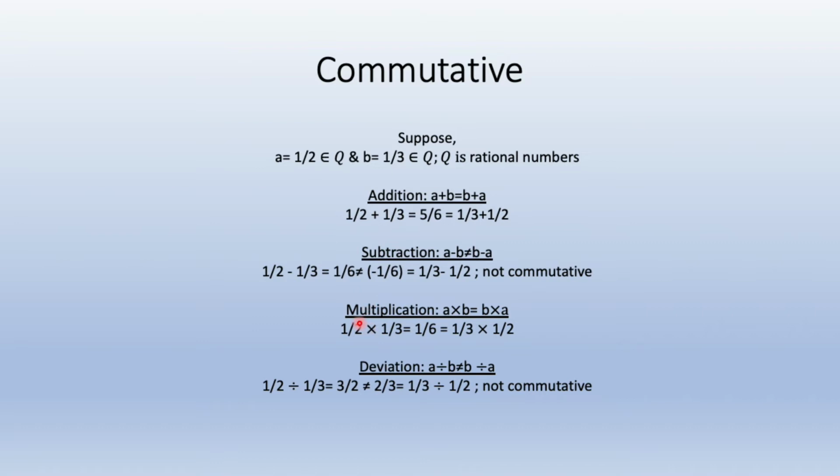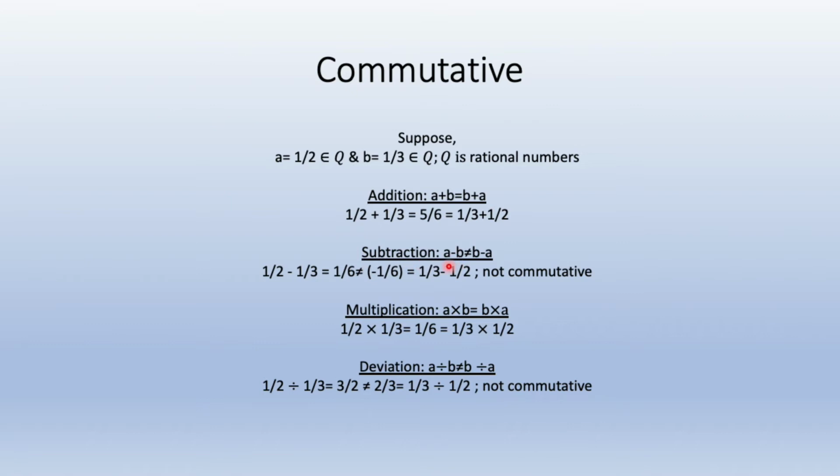Now come to multiplication. A into B, left hand side, 1 by 2 into 1 by 3 is equal to 1 by 6. From the right hand side, 1 by 3 into 1 by 2 is equal to 1 by 6. Same answer. So rational numbers are commutative under multiplication also. Now look at the subtraction part.